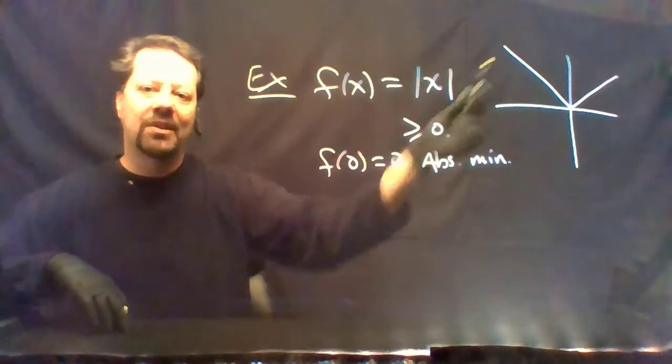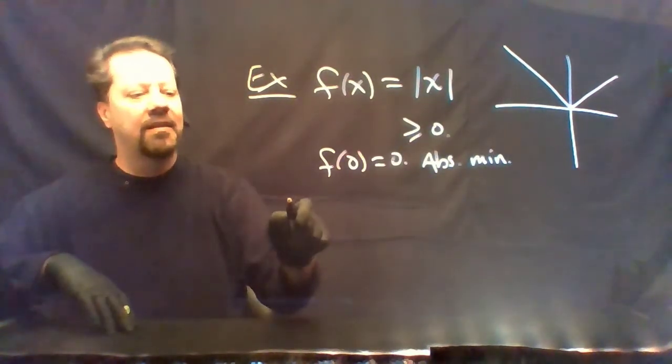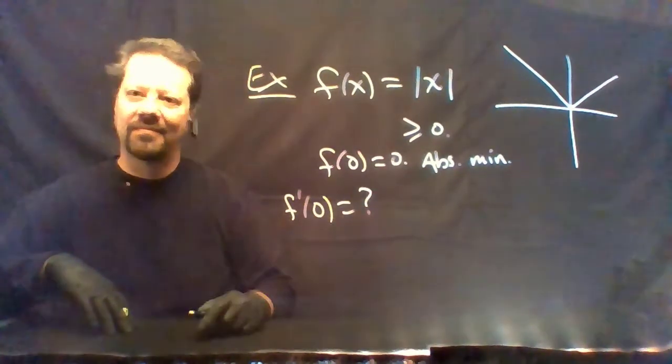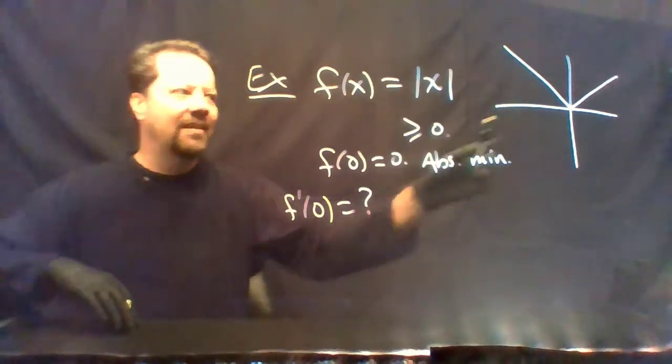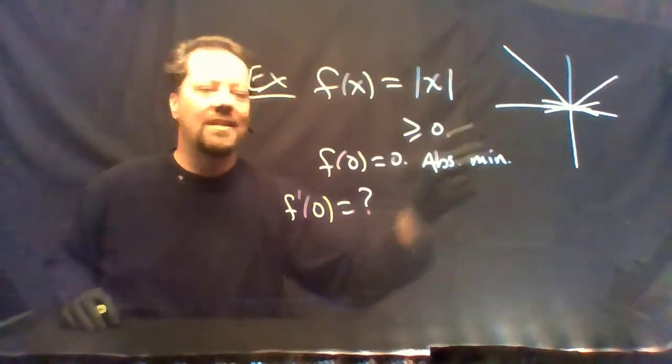It has no absolute maximum on the unbounded real line. What is the derivative of this function at 0? Well, there is no well-defined tangent line, as you can see.